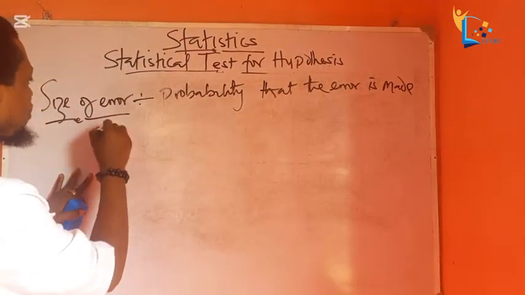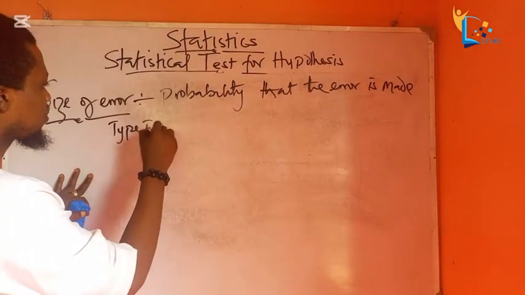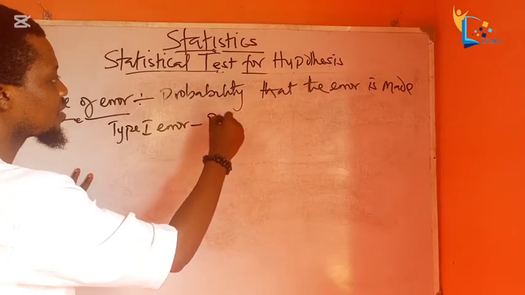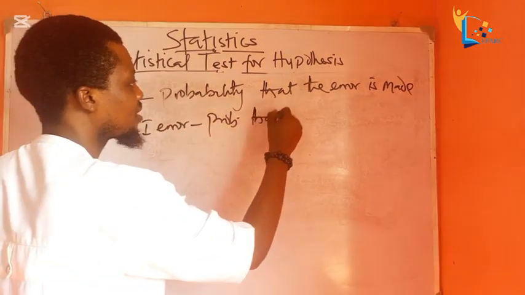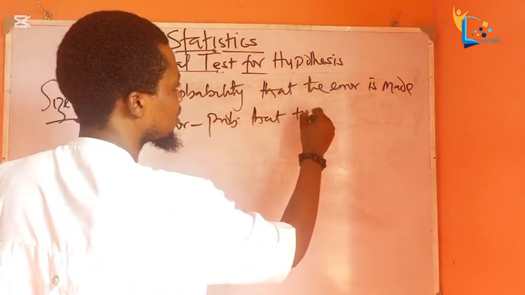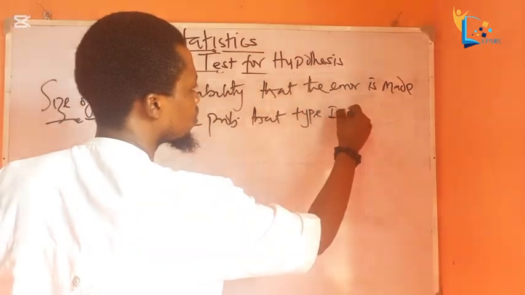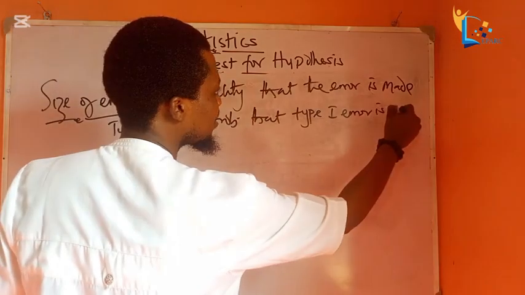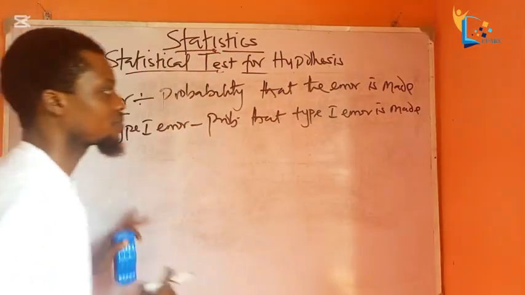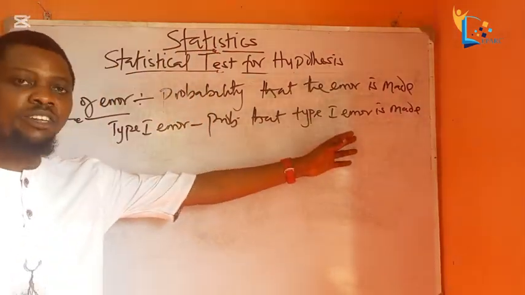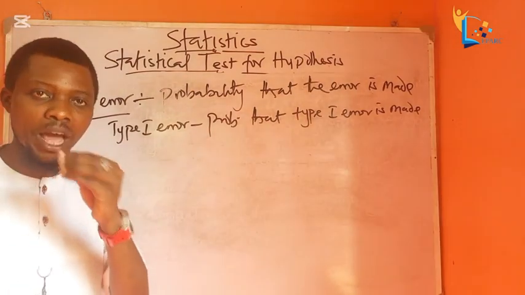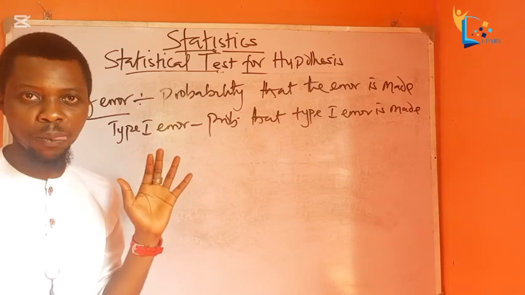So, size of type 1 error is the probability that type 1 error is made. That is rejecting the null hypothesis when it is actually true.